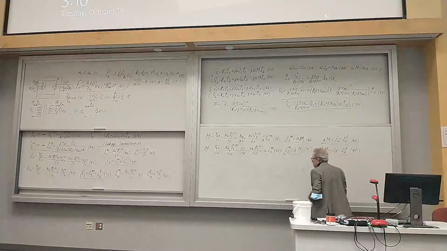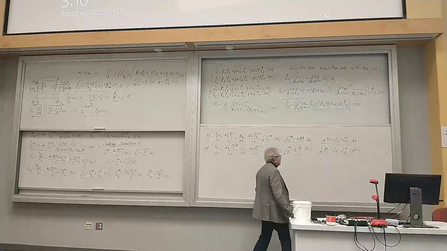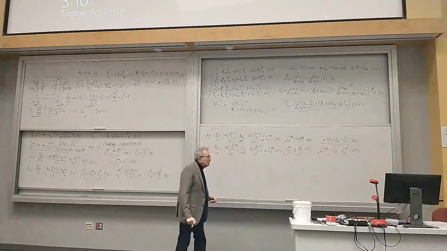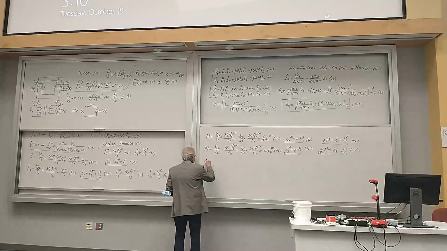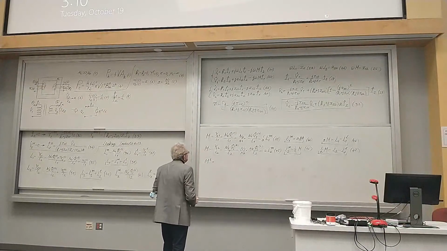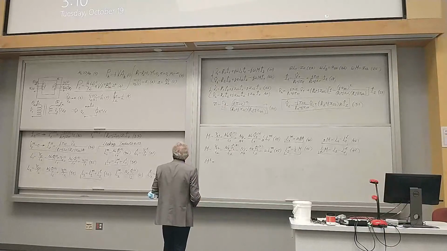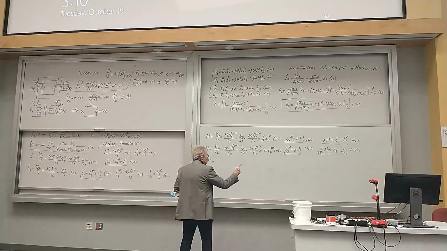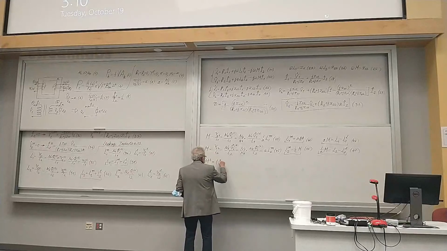And what I will do next, I will multiply formulas 46 and 47. If I do this multiplication, I will get that M squared will be equal to this product.